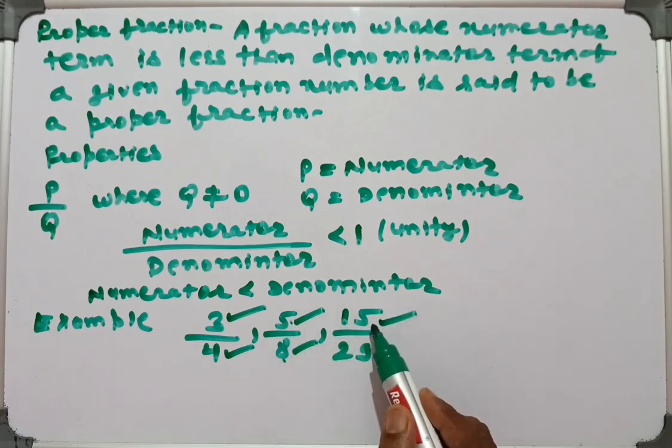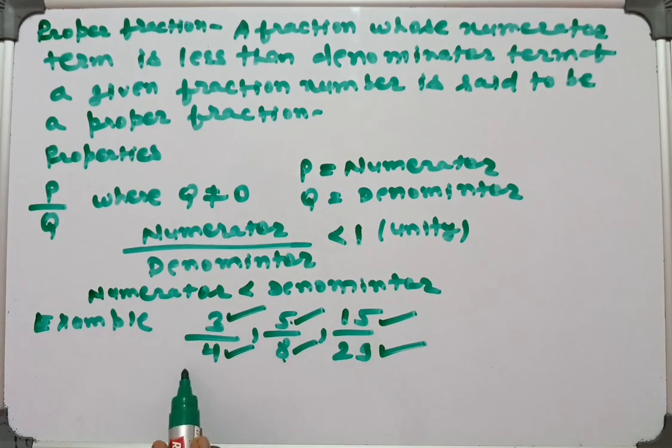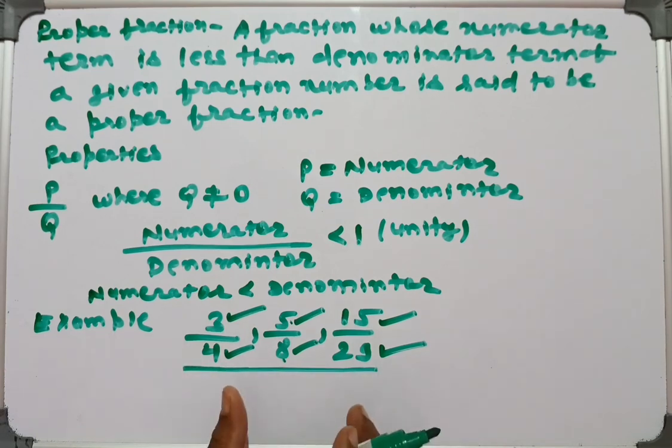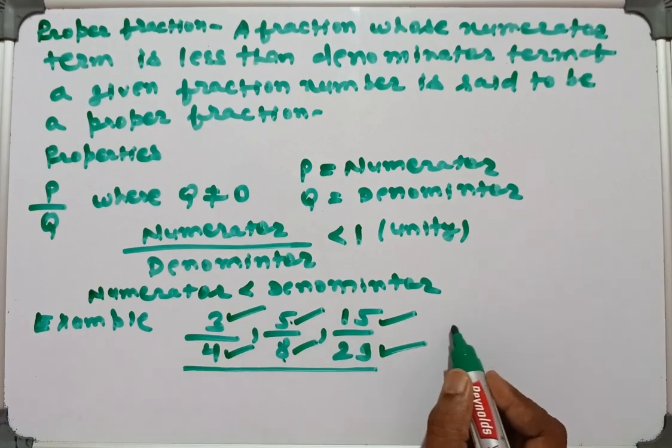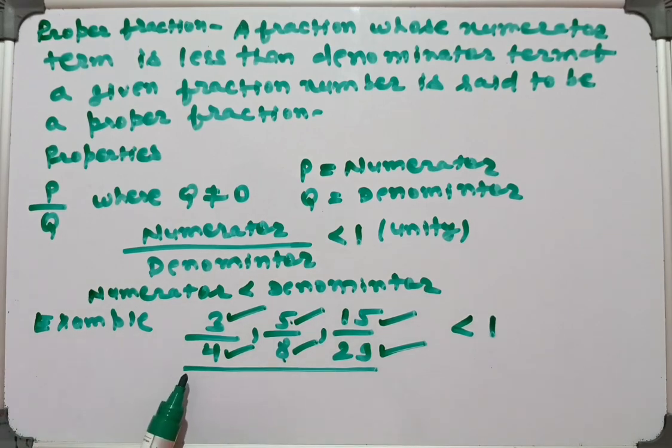In the third example 15 is less than 29, where 15 is the numerator and 29 is the denominator. If you solve all these three examples by calculator or any means, the value will come less than unity. So these three numbers taken as examples are examples of a proper fraction.